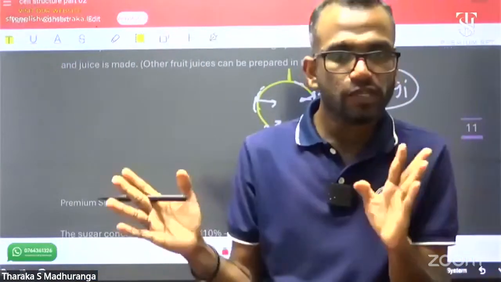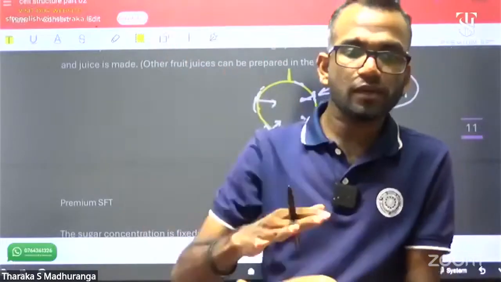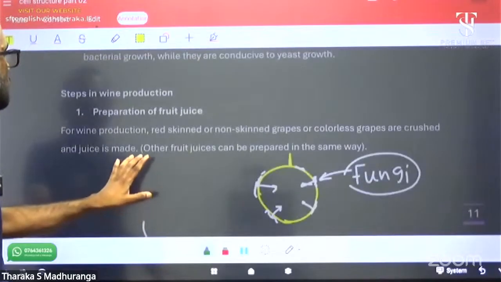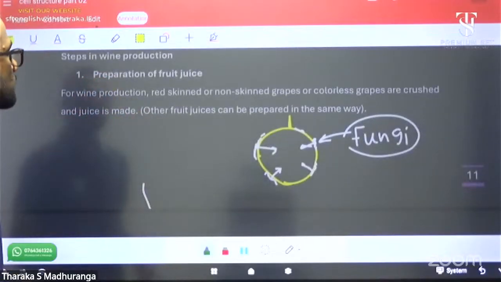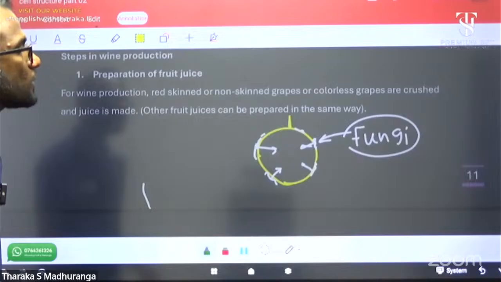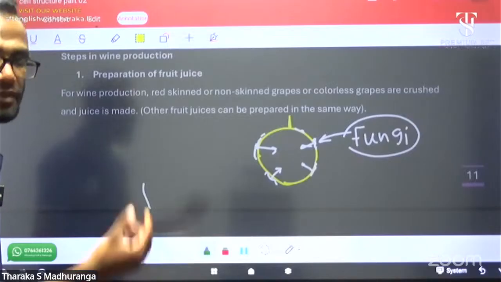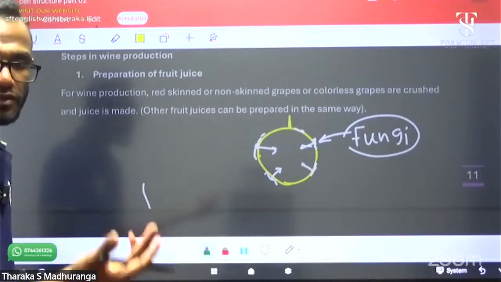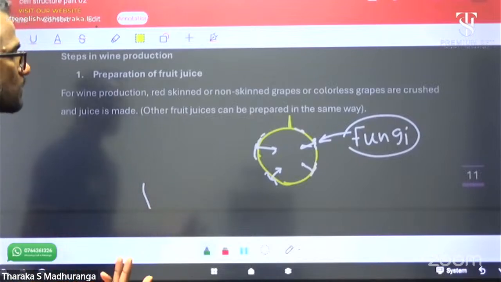First we wash them and just crush them, right? Crushing and converting into juice. For red wine production, red skin grapes, or for non-skin colorless grapes, that means green ones, are crushed and made into juice.